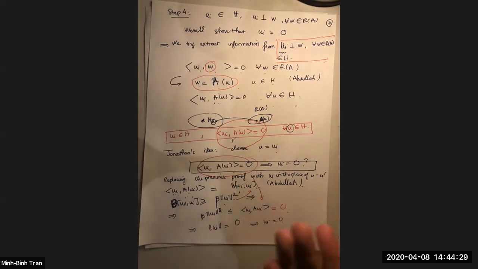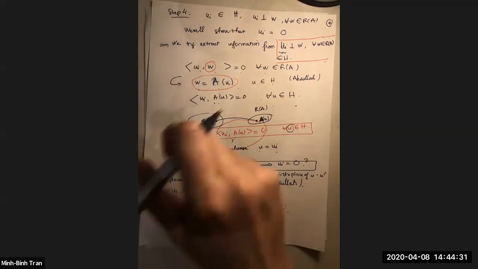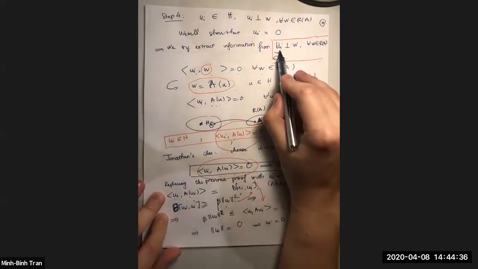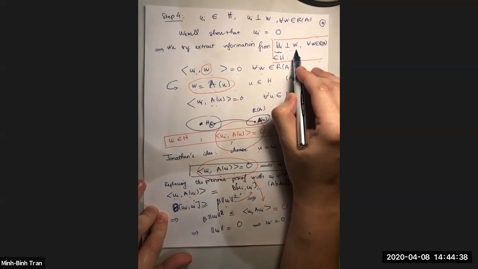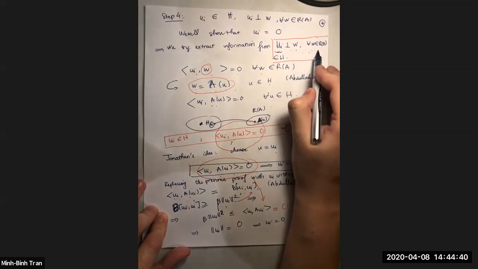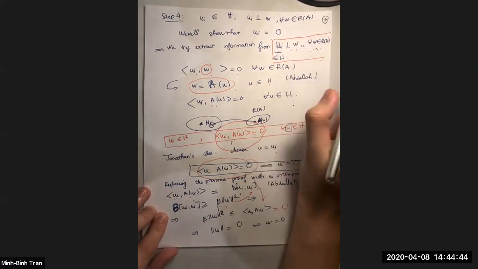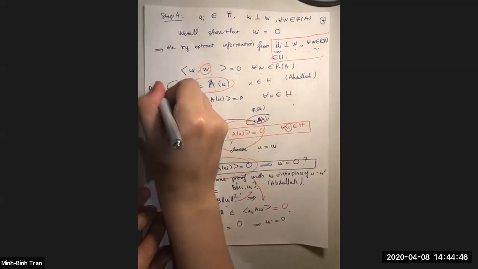So to show that u_i is 0, it is quite easy, right? u_i is orthogonal to all of the w with w in the range of A, but because w is in the range of A, I go back to the definition. This is definition only.